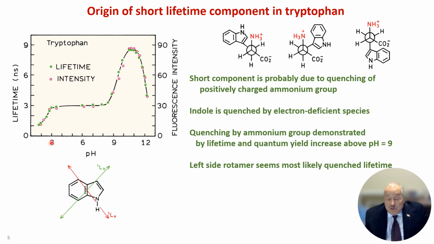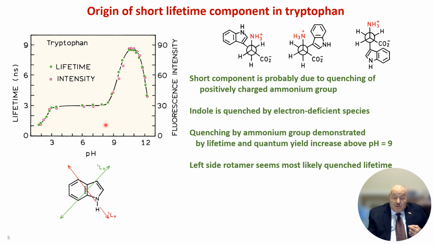What's the origin of the short lifetime component? Well, here let's look at the lifetime and the fluorescence intensity as a function of pH, and they track each other perfectly, which says whatever is going on is a dynamic process. It's happening during the lifetime of the excited state. And so what causes this?